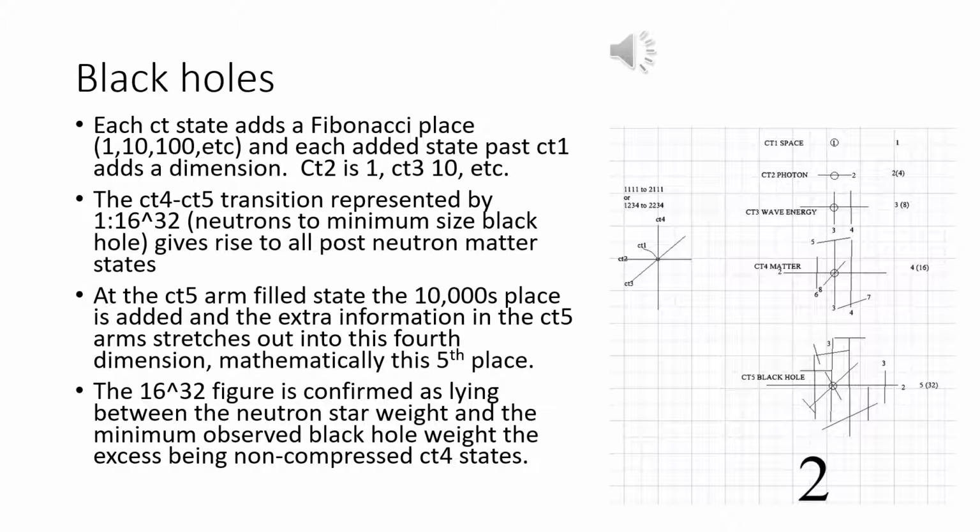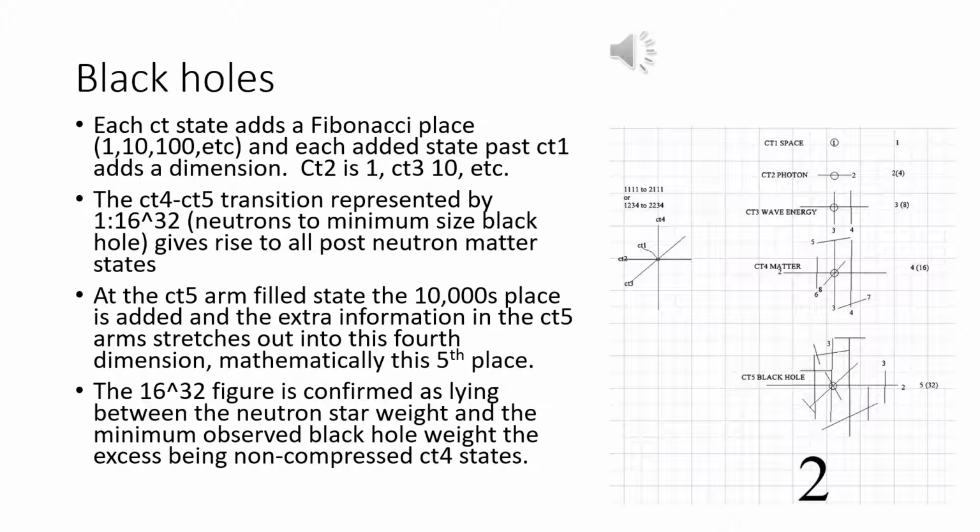The total number of neutrons theoretically composing a perfect black hole would be 16 to the 32nd neutrons. All dimensions exist together. CT1 space remains dimensionless even when viewed from the perspective of 4 or 5 dimensions.